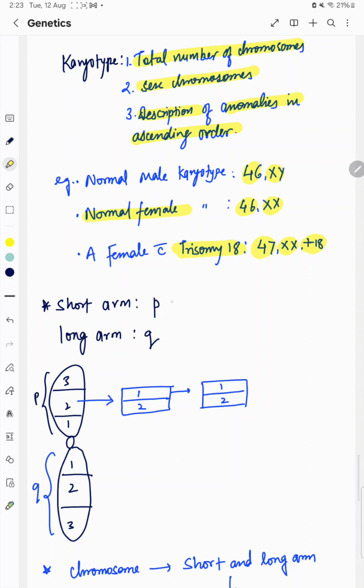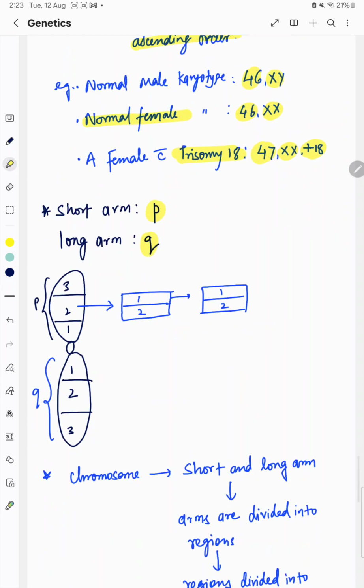The short arm of the chromosome is denoted by a small p, and the long arm by q. So this is a metacentric chromosome in which the short arm is denoted by p and the long arm by q. These arms have multiple regions, like we have indicated 1, 2, 3.